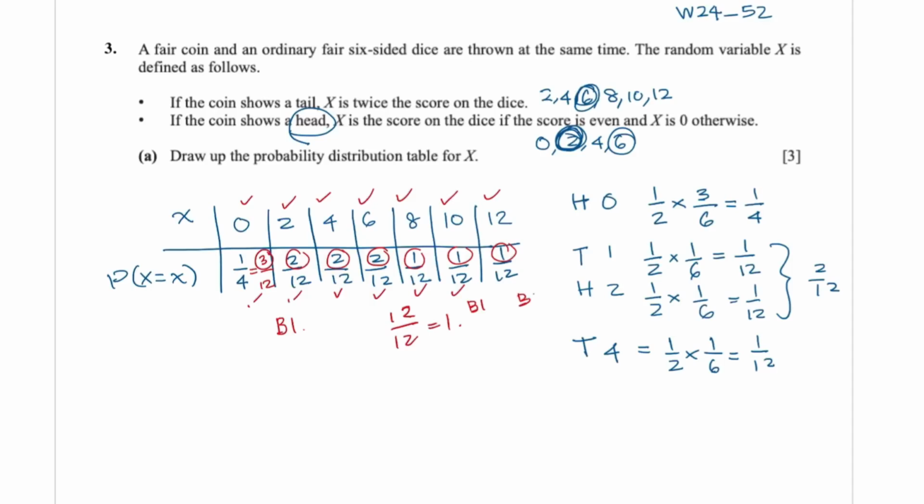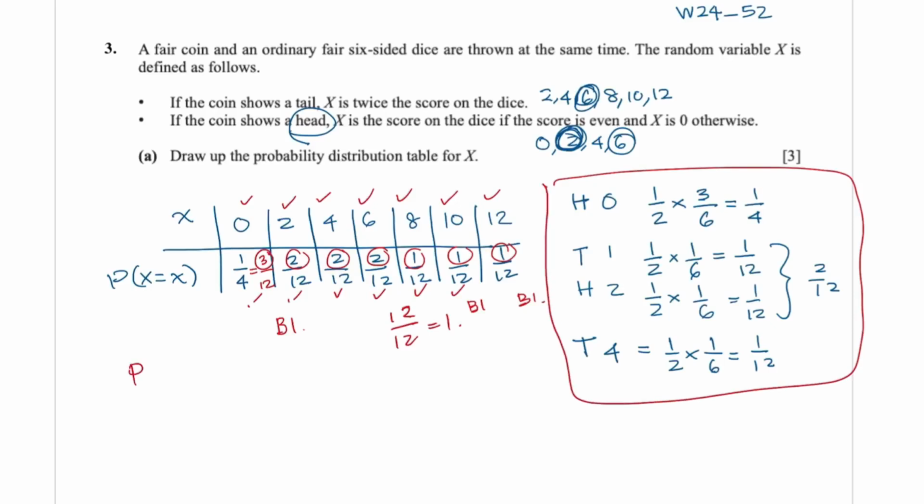And this is B1. If you are wondering what happens if you give the probabilities but not in the table, I mean, you calculate them all, right? You have the calculation for probability of x equals 0 and you write it here. You have probability of x equals 2 and you write it here. You have probability of x equals 4 and so on.